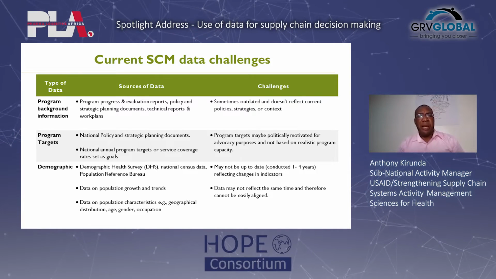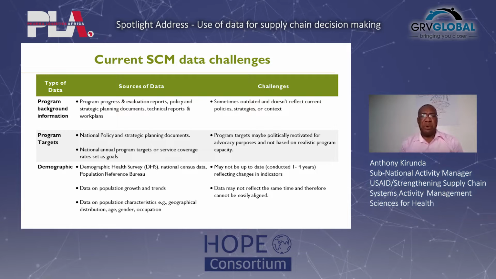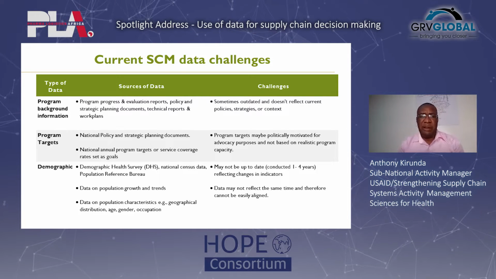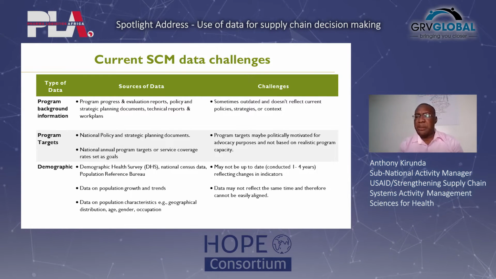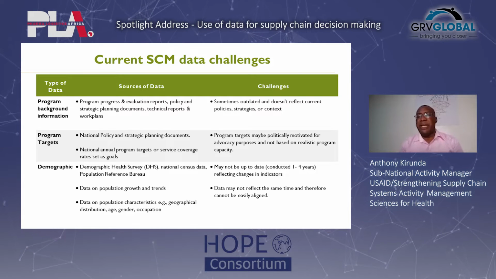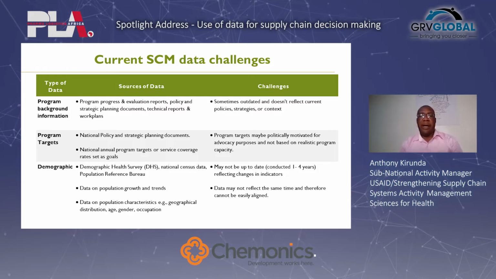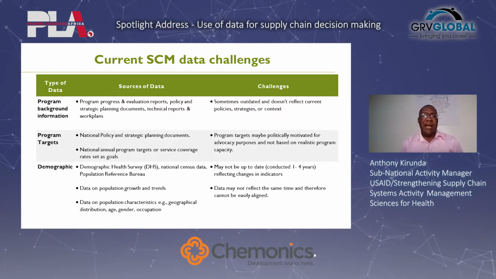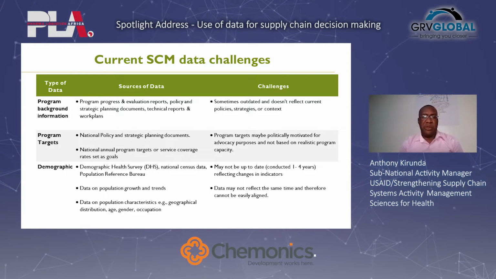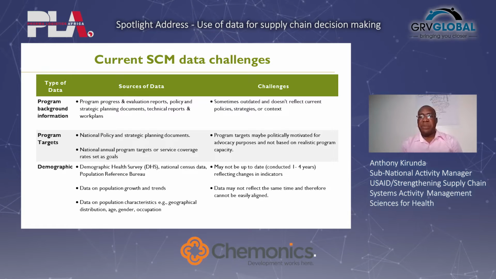Program data can be program progress reports, evaluation reports, and policy strategic documents. We have a number of challenges that come with it because sometimes it's out of date, and it may not reflect the current issues on the ground.